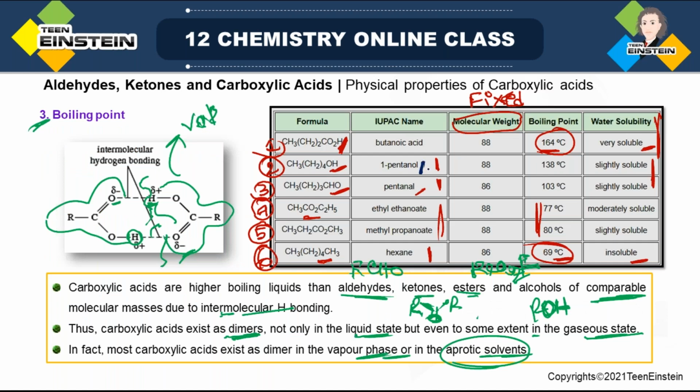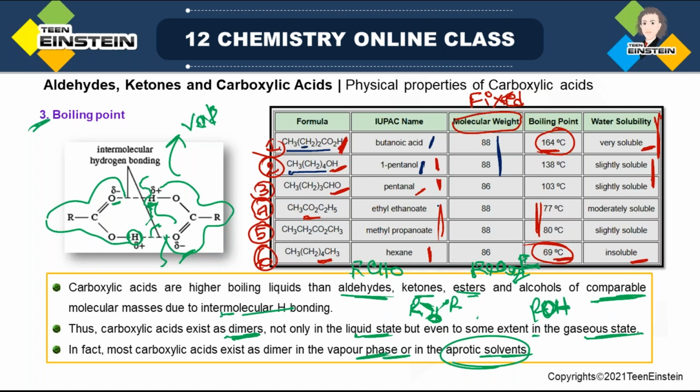Suppose you have this alcohol, 1-pentanol, and butanoic acid. Fine. When both have the same molecular weight, this is CH3 CH2 whole 4, that means total 5 carbon. And here we have CH3, then CH2 2 times. That means 2 carbon and 3 carbon.